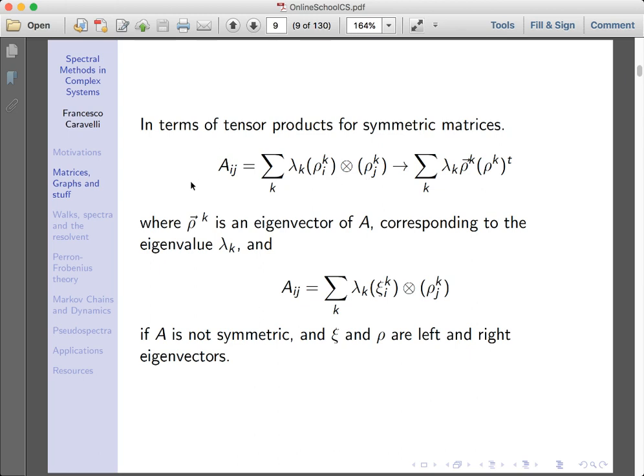The first formula is true for symmetric matrices, and it's very often useful. This is the same as the diagonalization of a matrix, but you can also have a non-symmetric version of this statement where you replace the tensor product of the left eigenvectors with the actual left eigenvectors of the matrix A.